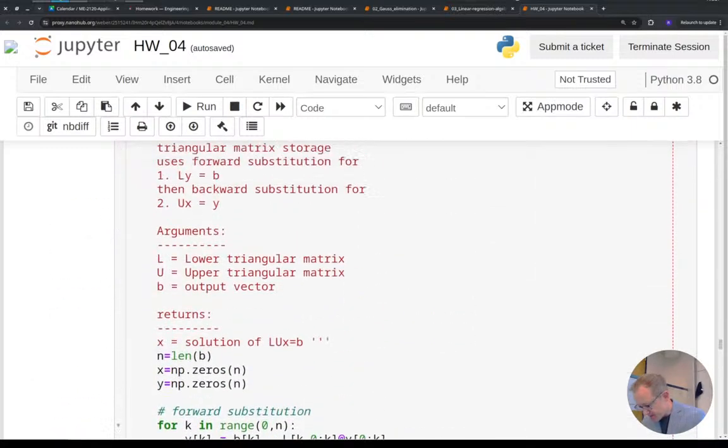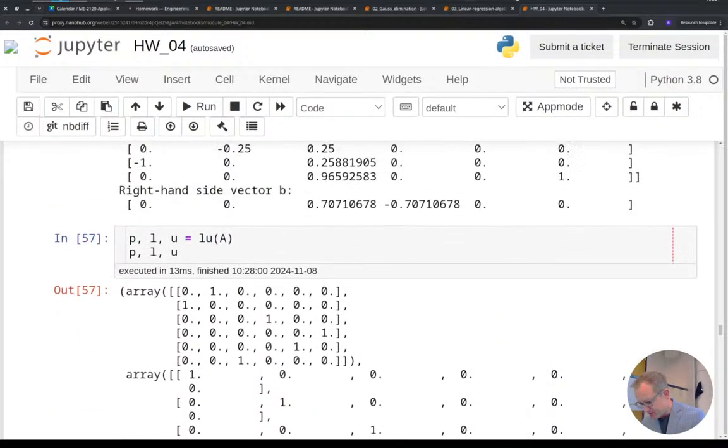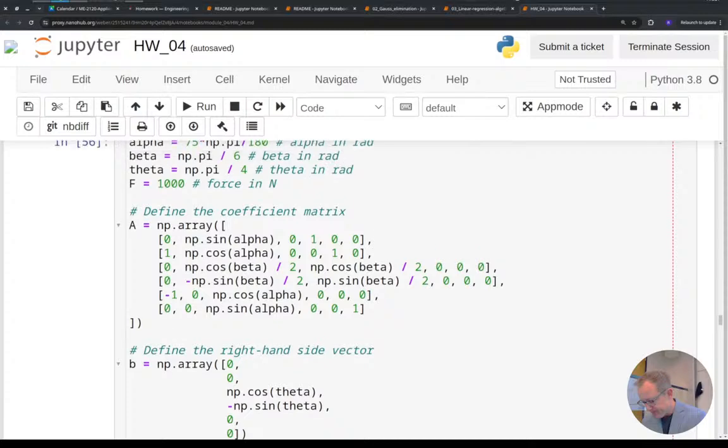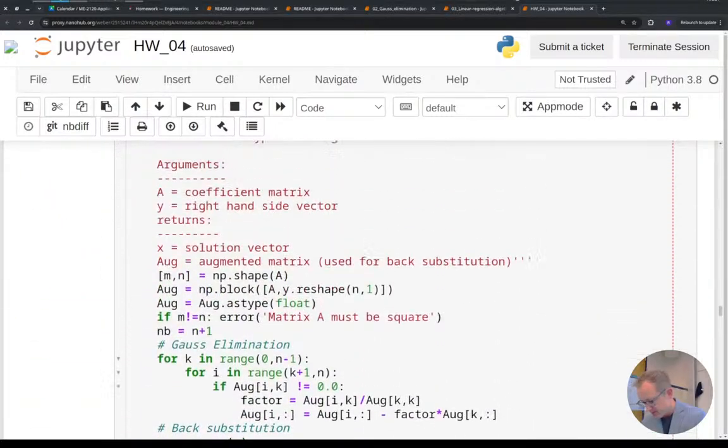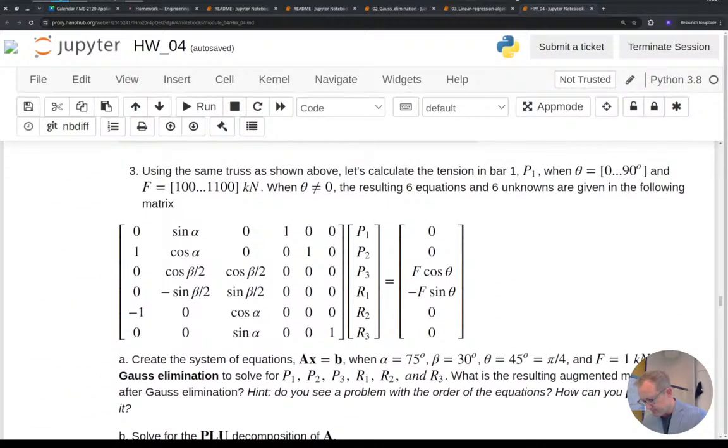All right, so let's jump back up to the matrix of big A, the 6x6 A matrix, and then 6 unknown reaction and internal forces with 6 known applied forces.